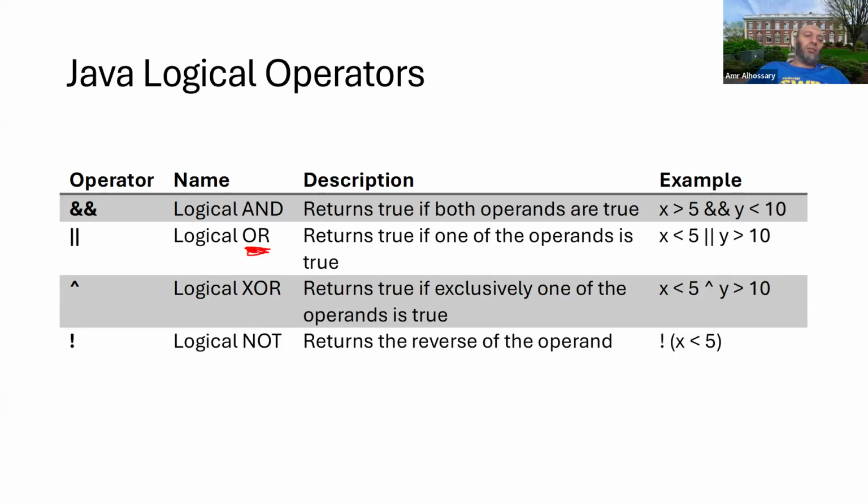It combines two logical or Boolean operands, and it returns true in case at least one of them is true. There's another operator called AND, and the AND operator produces true only in case both of the operands are true.